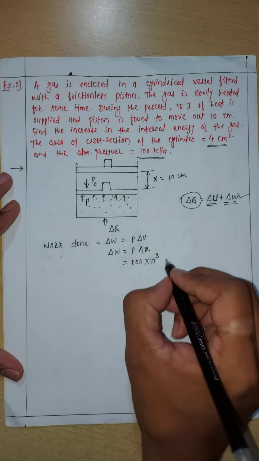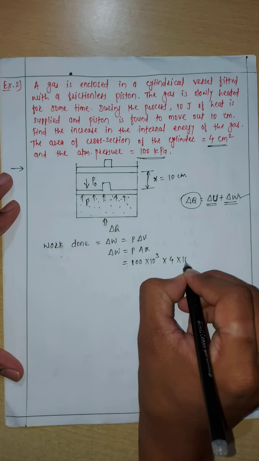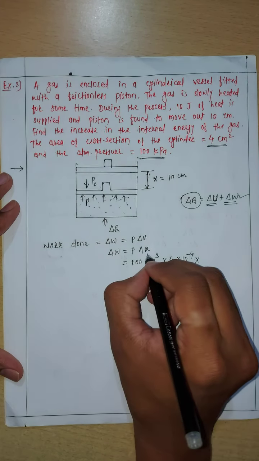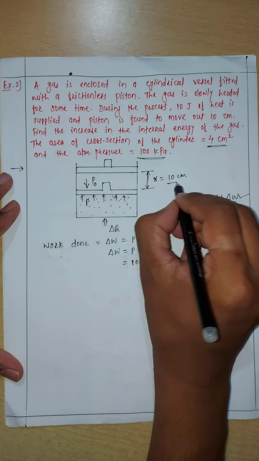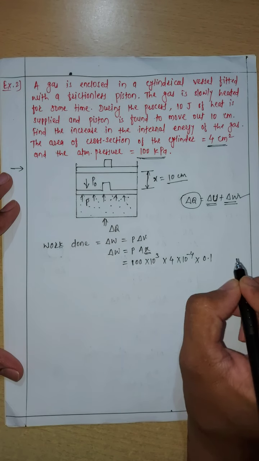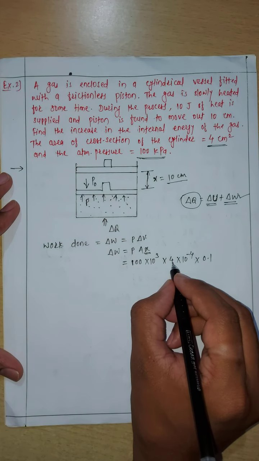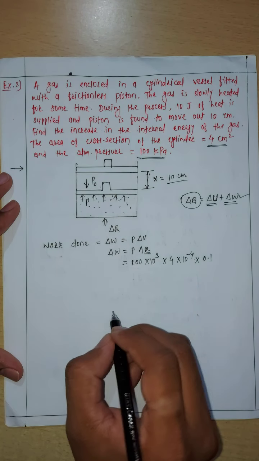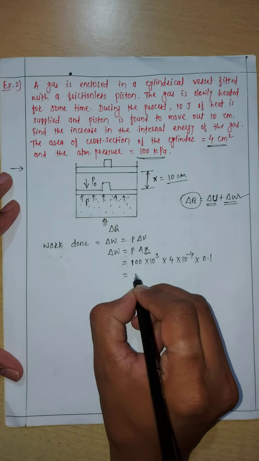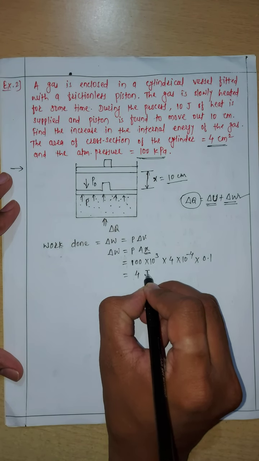You can convert it into meter square, so that is multiplied by 4 into 10 to the power minus 4 meter square, multiplied by this distance x. x is 10 centimeter, which is also converted into meter, so it is 0.1 meter. So 100 multiplied by 4 is 400, multiplied by 0.1. How much is the calculation? That will be 4 joule.